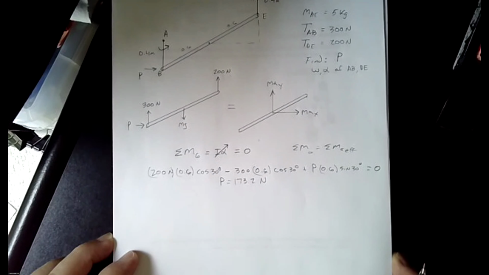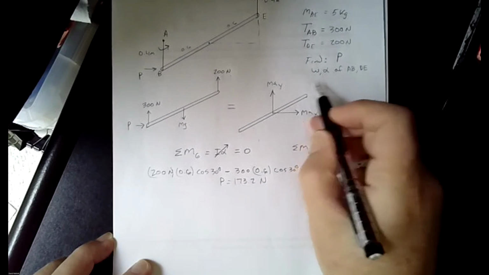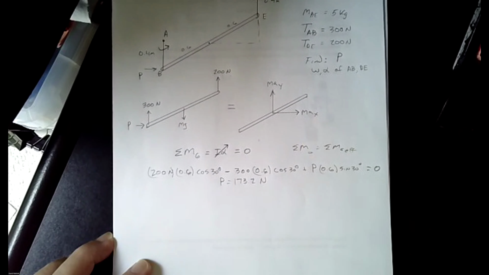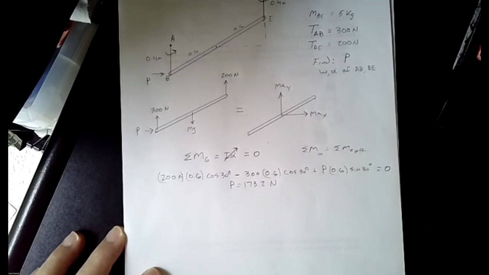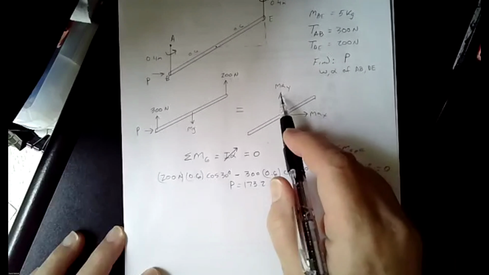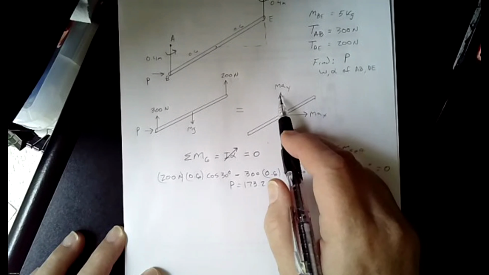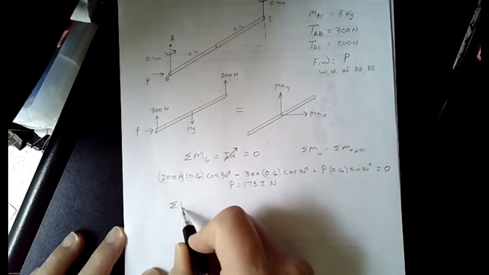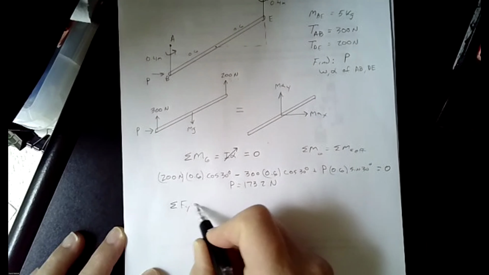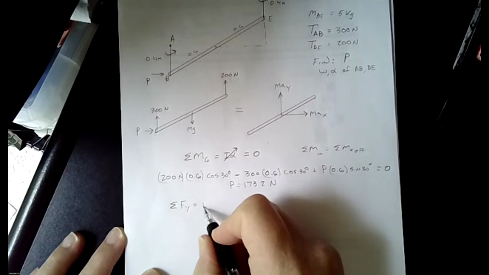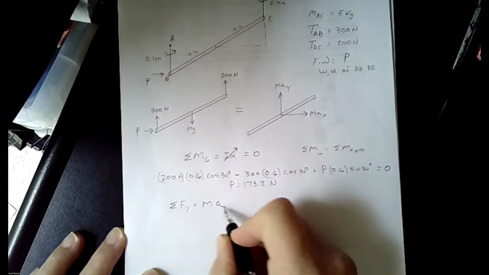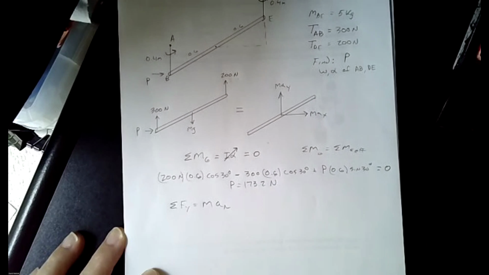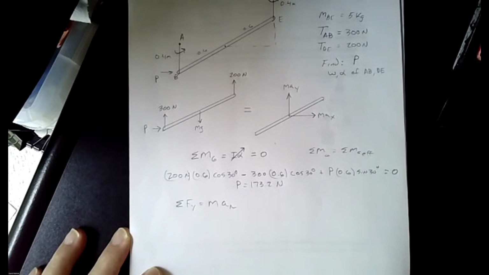Now we also want to find omega and alpha. So how are we going to do that? Well, we'll do things like we would expect with MAX and MAY. We would just sum the forces in Y equal to MA normal. Now, why can I do that?